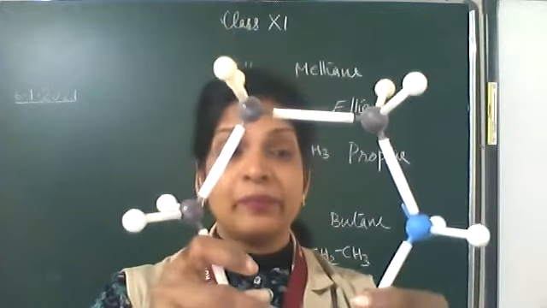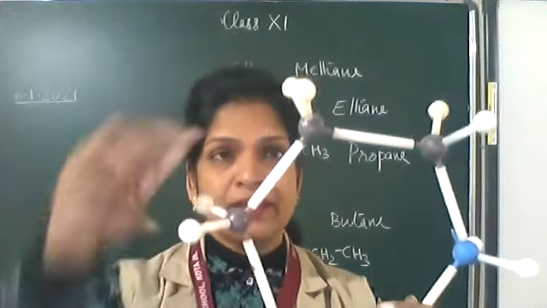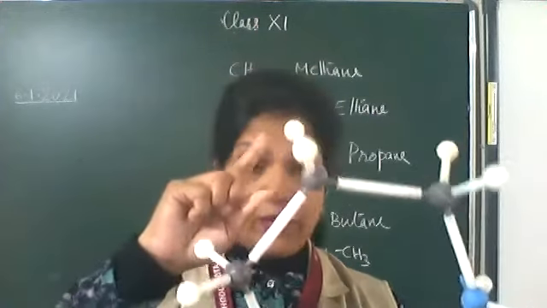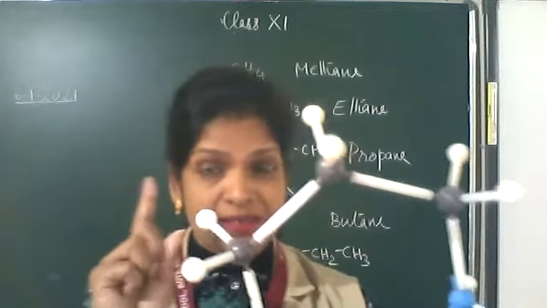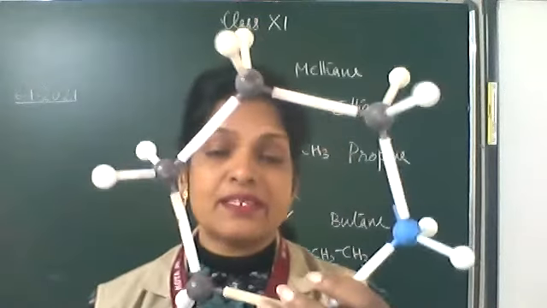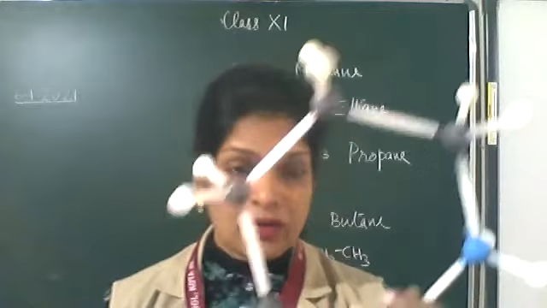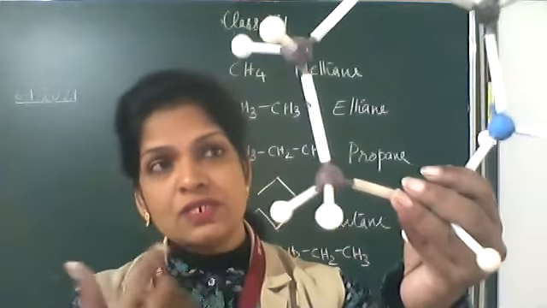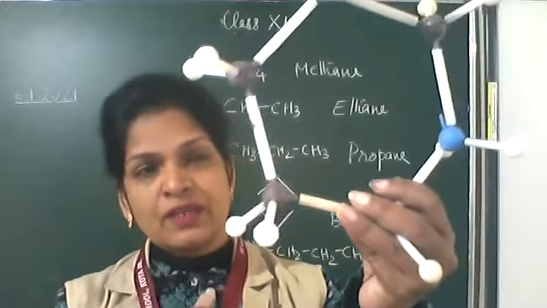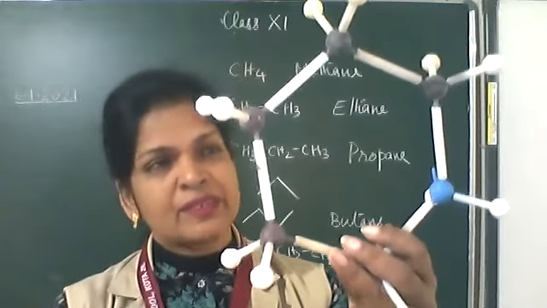Last year you learned benzene. In benzene, each carbon carried only one hydrogen, C6H6. But this is C6H12. On each carbon, towards the outer position you see hydrogens. This is cyclohexane.